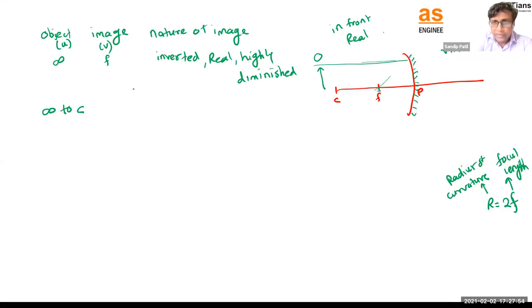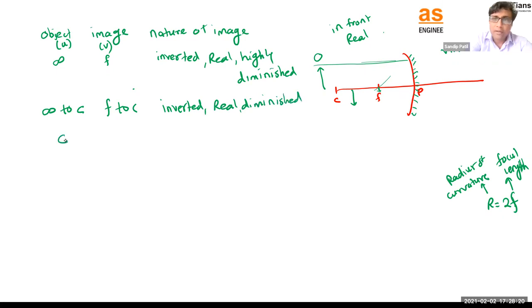Now if you move the object towards the center of curvature, the image moves here, but it is still smaller in size. So the image will be formed between the focus and the center of curvature. Again it is inverted, real because it is in front of the mirror, and diminished, meaning smaller size.